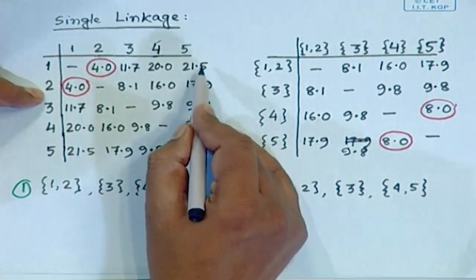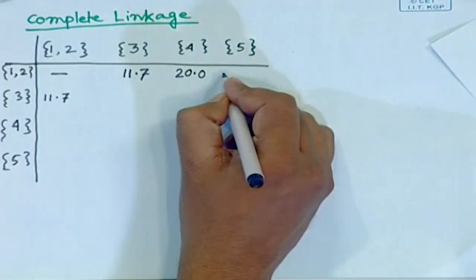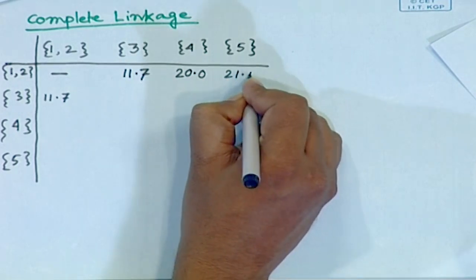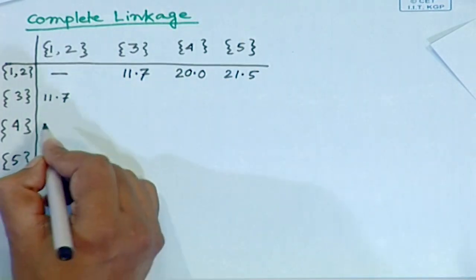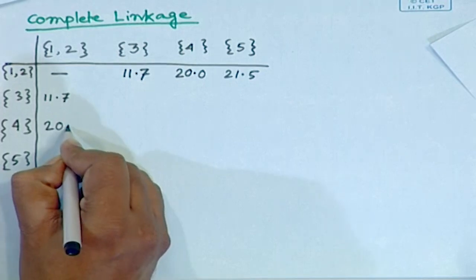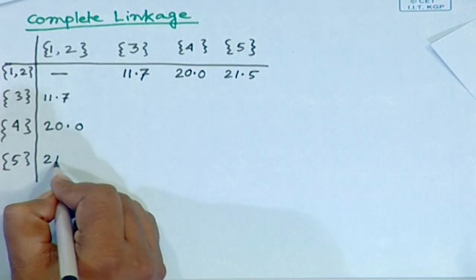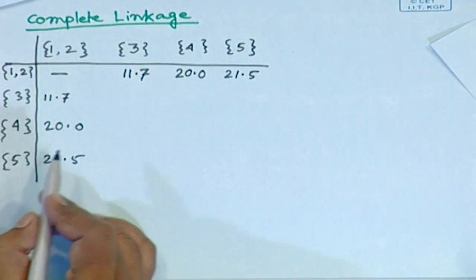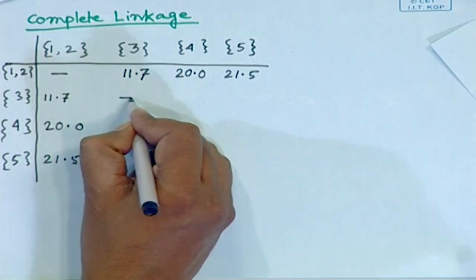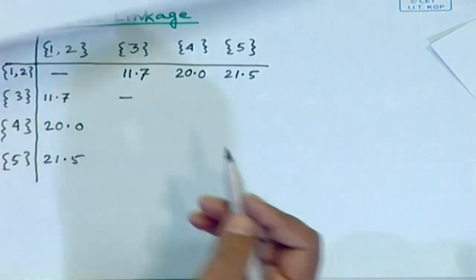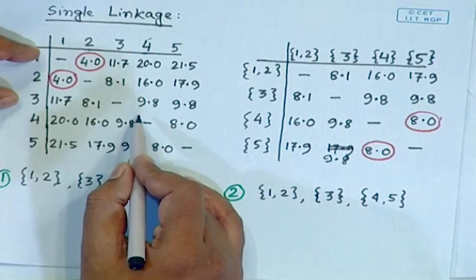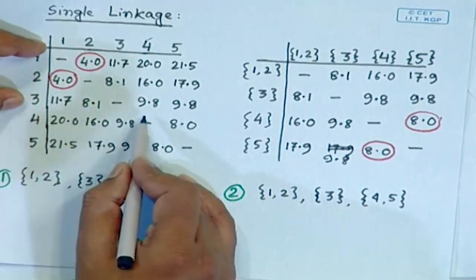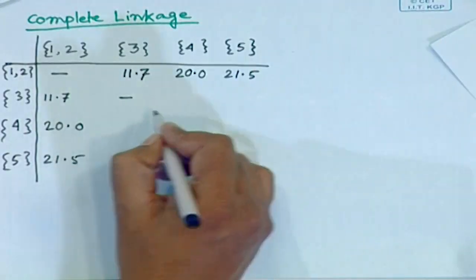I take the maximum of these two, which is 21.5. In the same manner, this becomes 20.0 and this becomes 21.5. The distance from 3 to 3 is 0, and for 3 and 4 it remains the same because these are singleton clusters. So, the distance between 3 and 4 is 9.8.